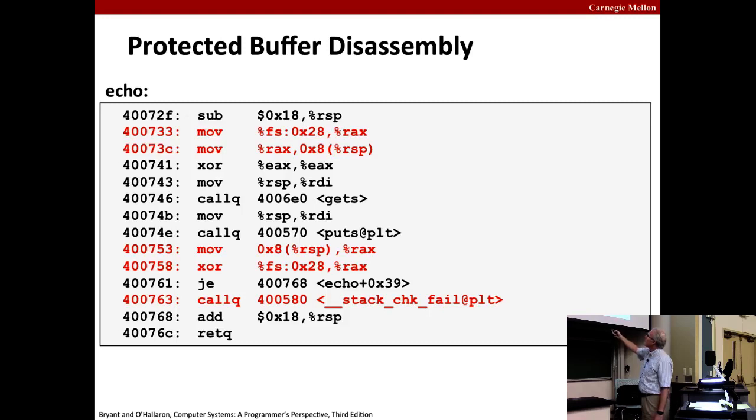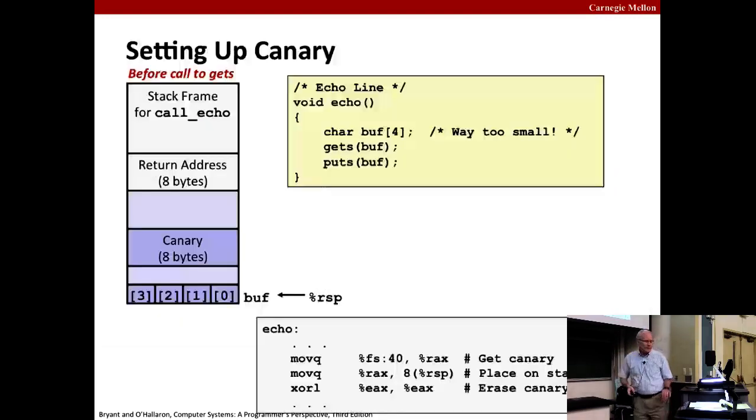But now there's some more code here that involves this strange-looking register. And then there's some kind of test, and if that test fails, it will call this code that you just saw printed out, this error message. So let's see what that all means. What that means is that at offset 8 from the stack pointer, it's putting in 8 bytes of value that it's retrieving from a special register.